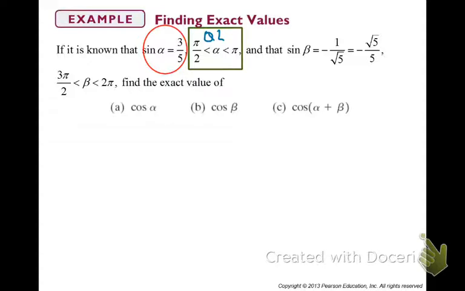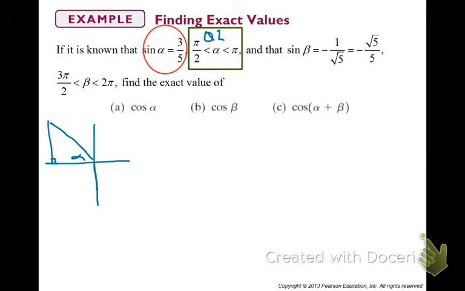Okay, so we're going to draw this on our coordinate plane. So let's do that. Draw yourself. We know that it is in quadrant 2, so we're going to draw alpha there in quadrant 2. The sine of alpha, tell me again what sine is.